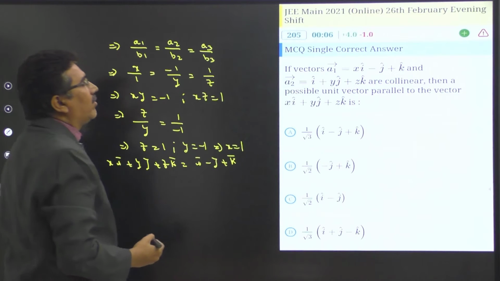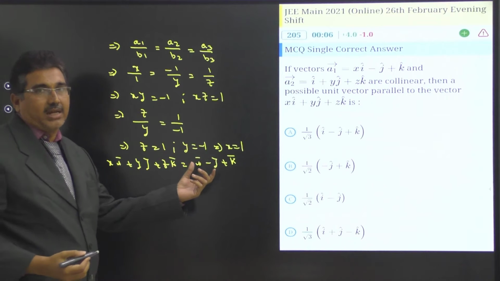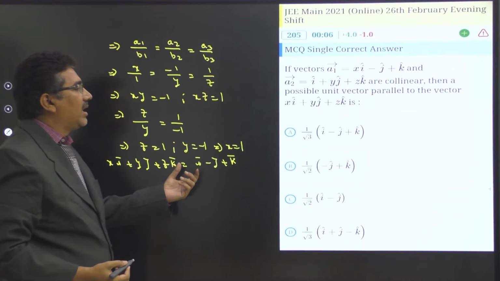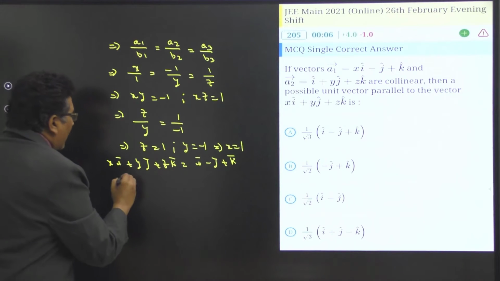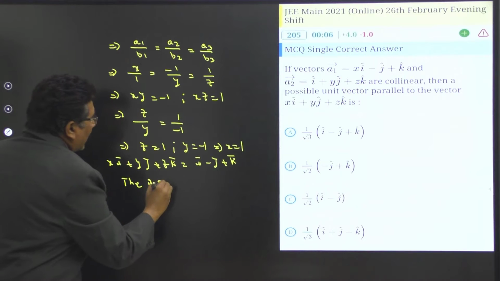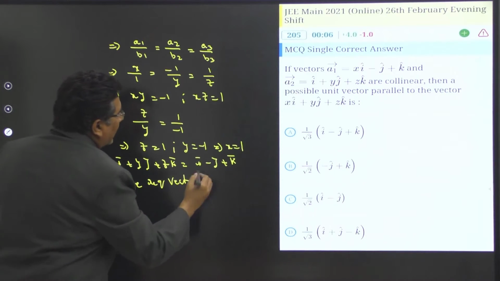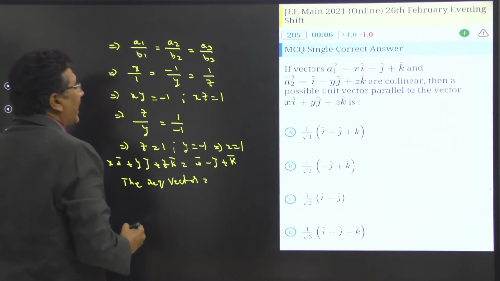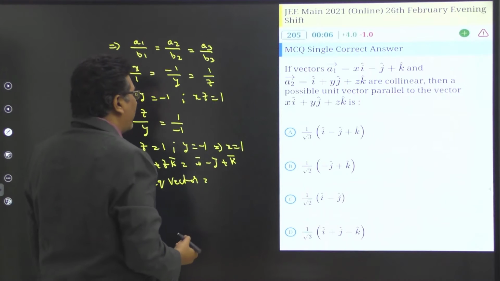Now we want to find the unit vector parallel to this vector. The unit vector parallel to this vector is the required vector, that is equal to a bar by mod a bar. Suppose this vector is equal to a bar.